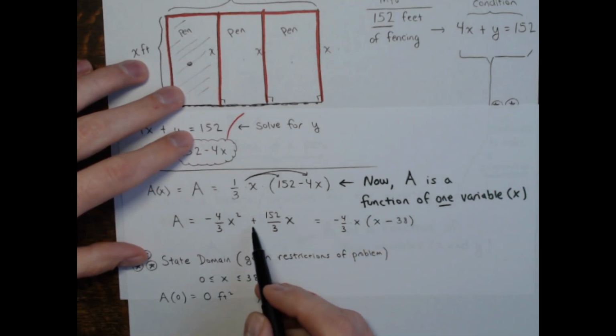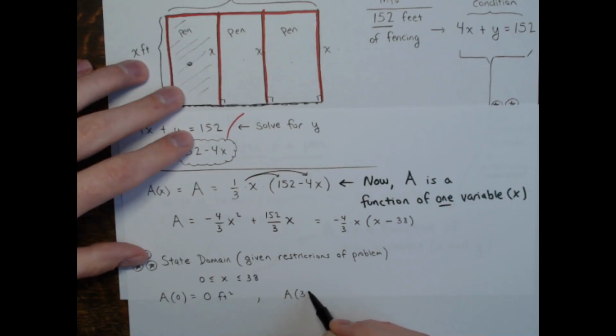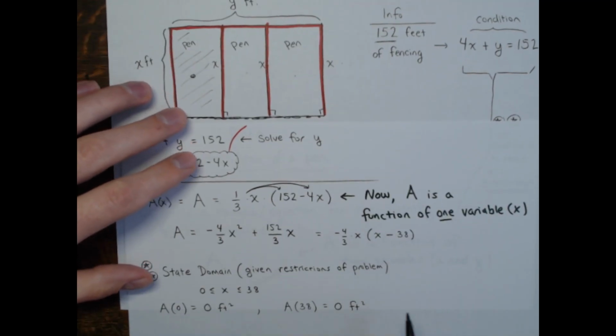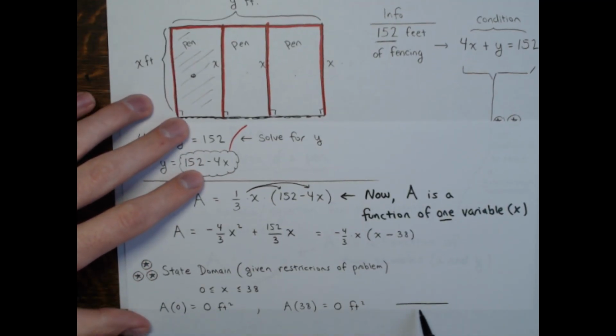And you can see in my factored version, think about this, right? If I were to plug in 38 for x into this function, A of 38, the area when x equals 38 would also be 0 square feet. Because what you'd have then is this barn, and then 38 feet, 38 feet, 38 feet, and 38 feet, and that's 152.